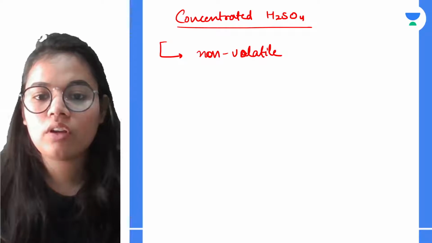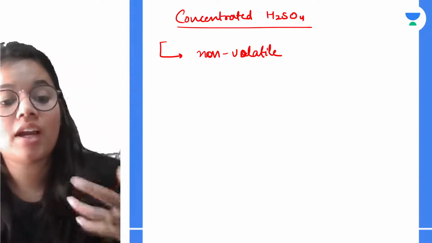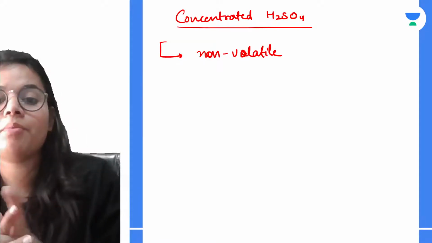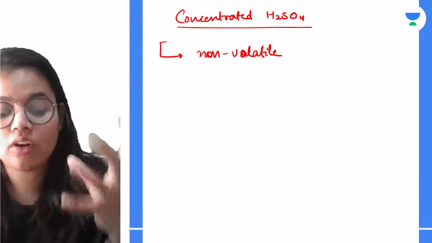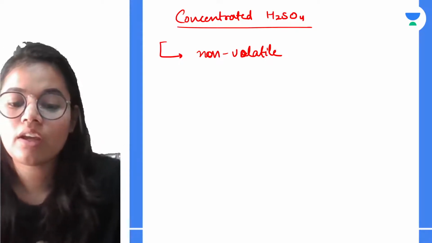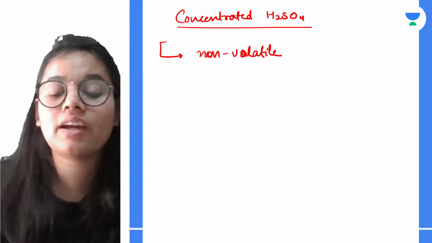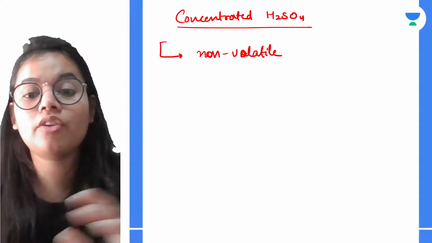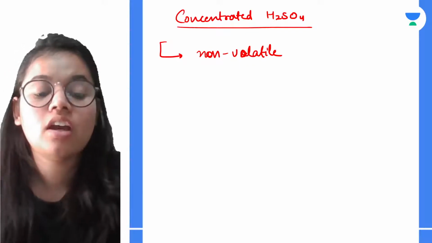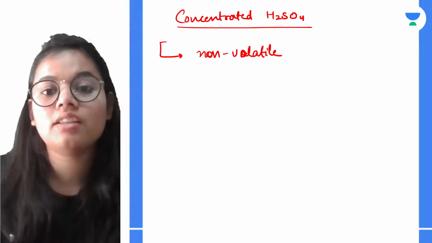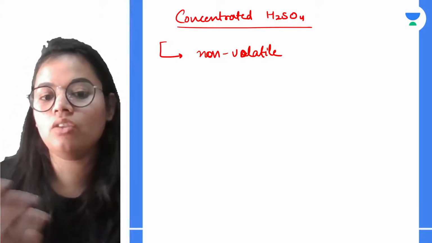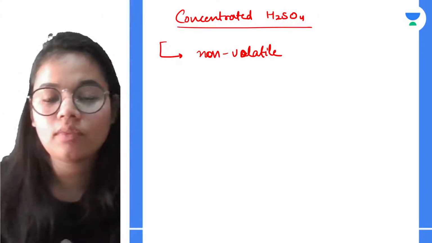Non-volatile means it has a very high boiling point, and therefore it is also used to prepare many acids such as hydrochloric acid, nitric acid, or acetic acid. You could be asked why we don't use hydrochloric acid in place of sulfuric acid for the preparation of nitric acid. The basic reason is that sulfuric acid has a high boiling point and is non-volatile in nature.